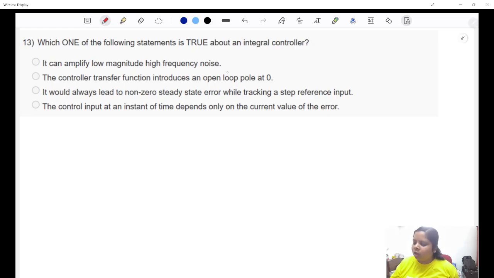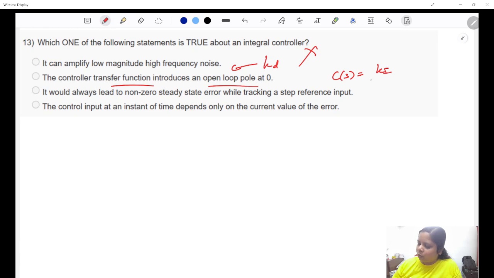We already saw that this is done by derivative controller. So this is wrong. The controller transfer function introduces an open loop pole at 0. This is correct, right? Because controller transfer function for this is Ki upon s. So it introduces an open loop pole at 0. So this is correct. We have already the correct answer, but still we'll see other options.